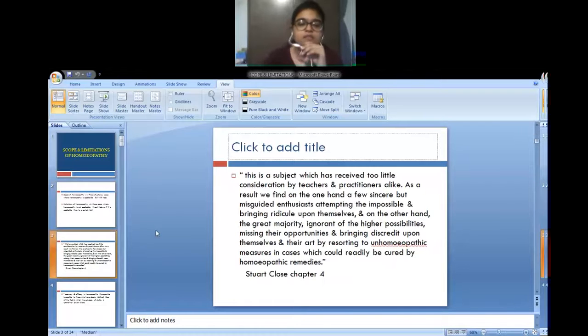Stuart Close, in his Philosophy, chapter 4, discussed this topic in detail, and he put these lines in a paragraph, which I quoted here: the scope and limitations of homeopathy is a subject which has received too little consideration by teachers and practitioners alike.